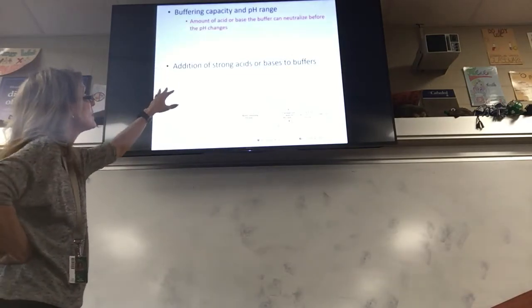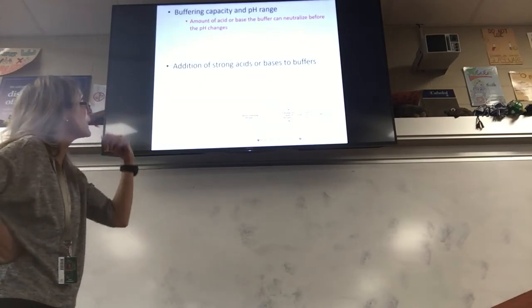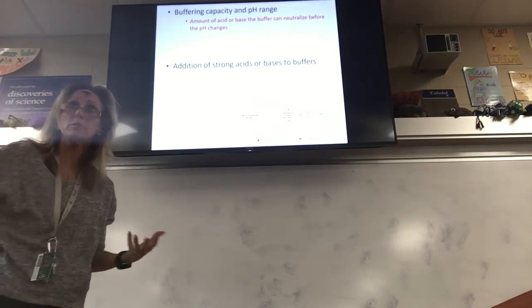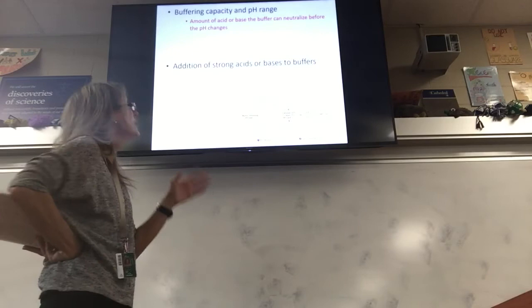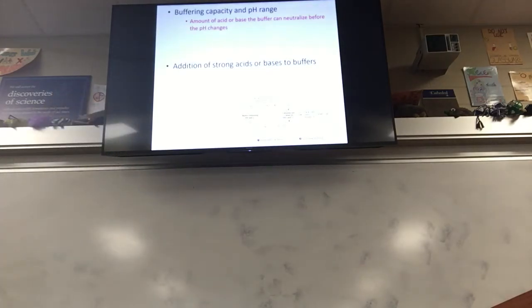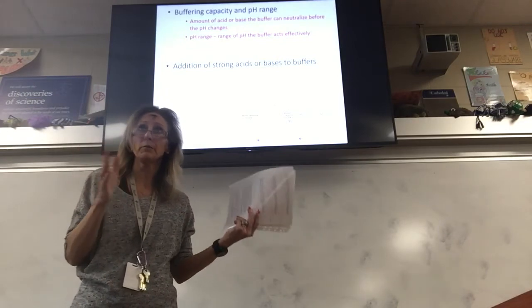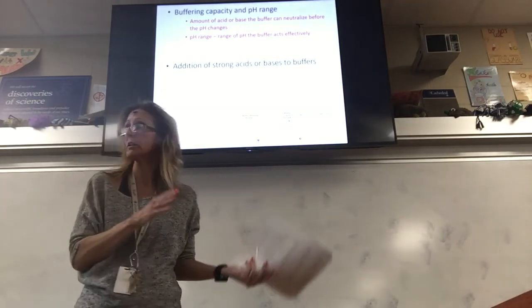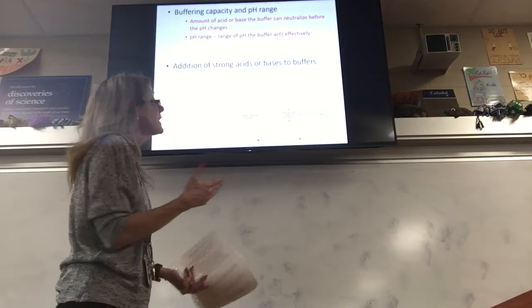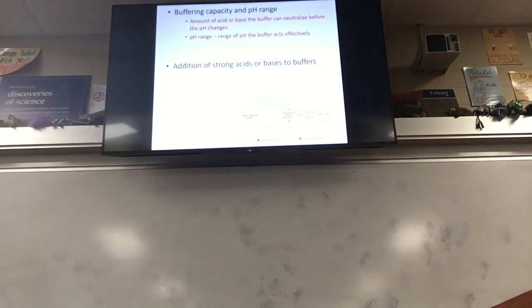So how much of that strong acid or base can we add, and the buffer will still neutralize that and keep the pH fairly constant. So that's what we're going to look at here. And then the pH range just shows the distance in pH of the smallest to largest pH that it will still be an effective buffer.